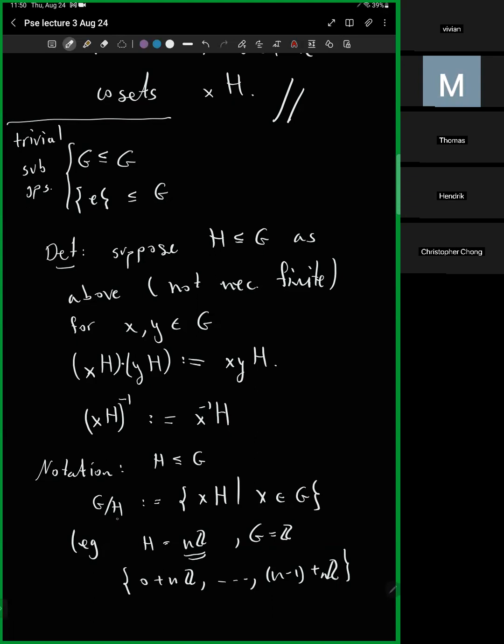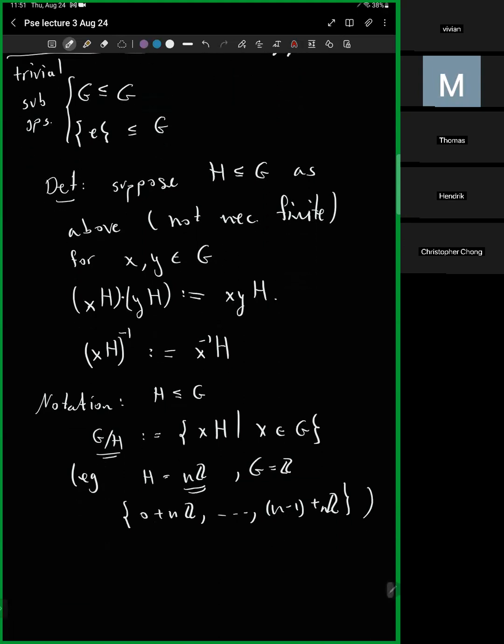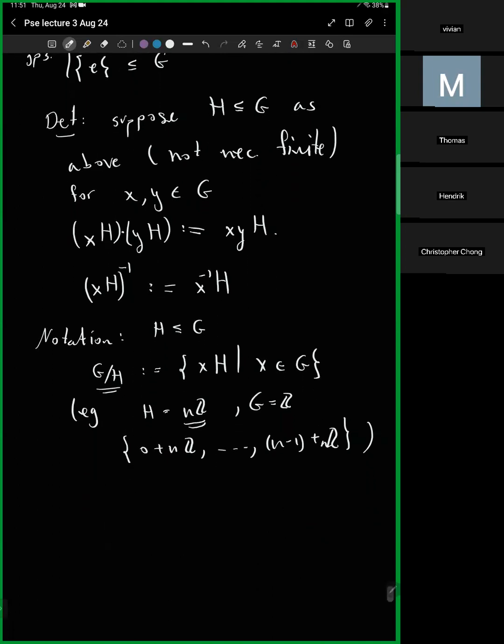So this is maybe a heuristic justification for this notation. And this is called the quotient of G by H.